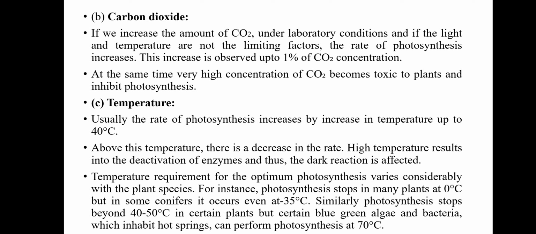The rate of photosynthesis increases with temperature up to 40 degrees Celsius, but beyond that the rate decreases, because at high temperature the enzymes get degraded, so the process of photosynthesis stops. Similarly, at very low temperature, the enzymes get inactivated and photosynthesis stops. So the optimum temperature for photosynthesis is 35 to 45 degrees Celsius.